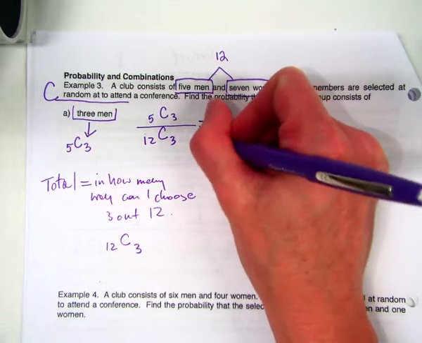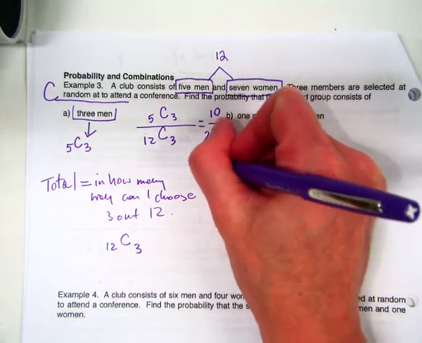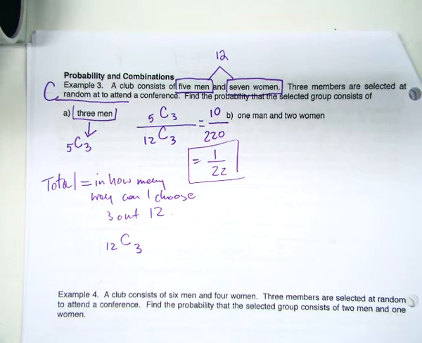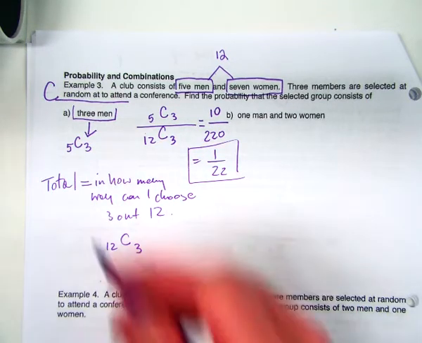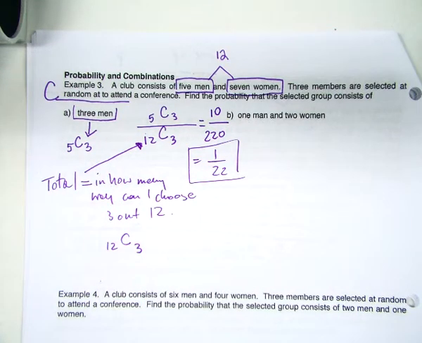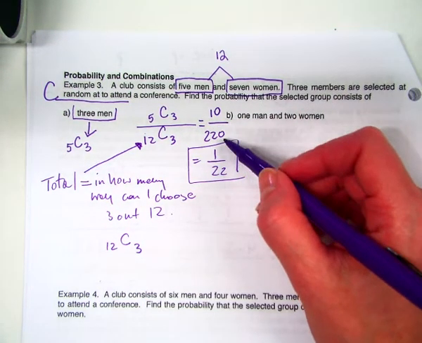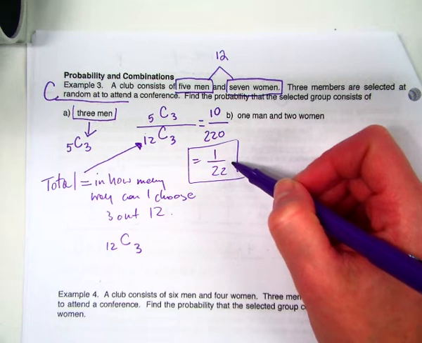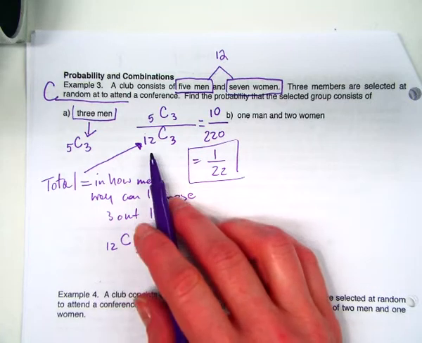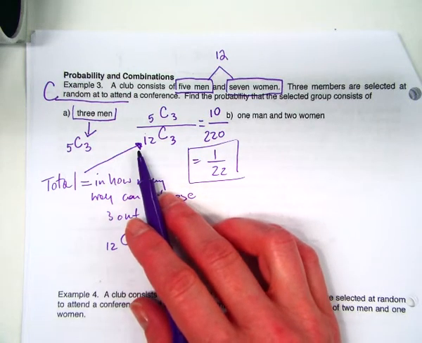Figure out the bottom number. And then reduce the fraction. Okay, make sure you guys get 10 and then 220. So it reduces to 1 over 22.